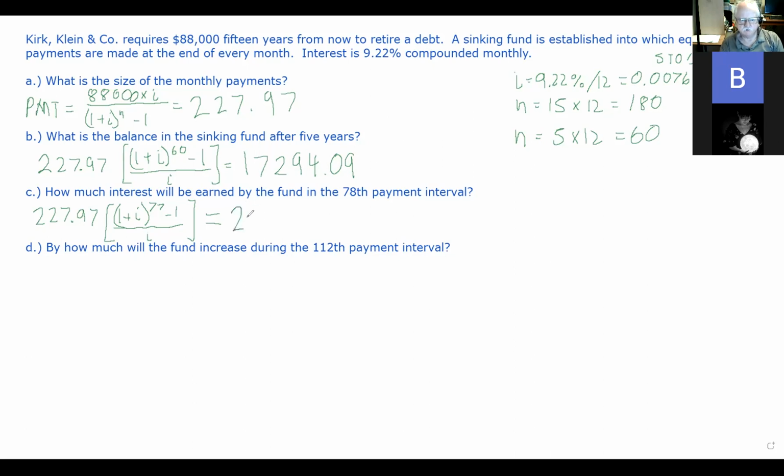So I'm getting 23820.42. And so this is the balance in the fund after 77 payment intervals. And we need to figure out how much interest will accrue on that. So times i. So times recall 1. I'm getting 183.02.